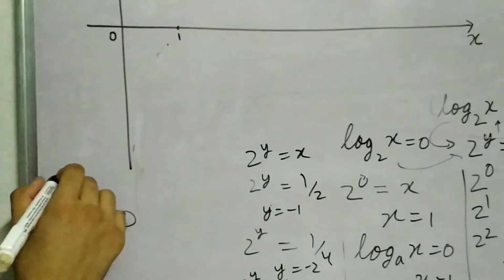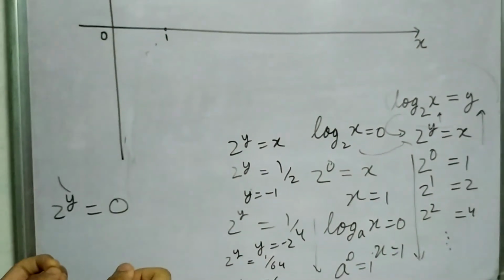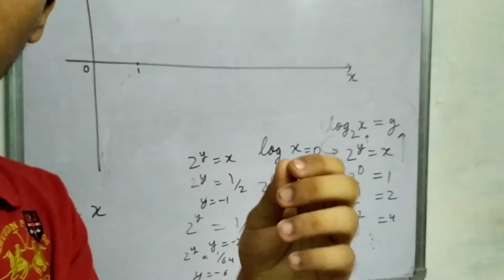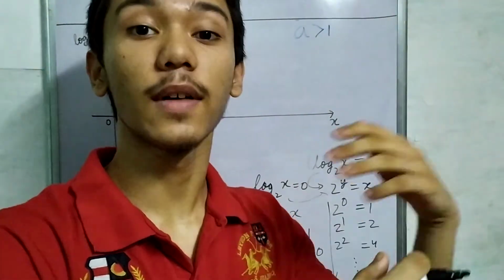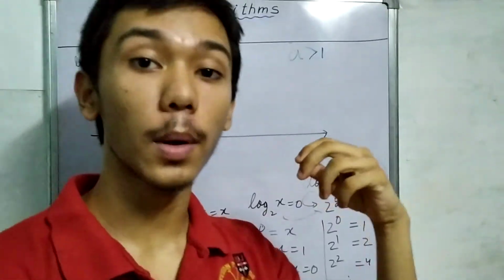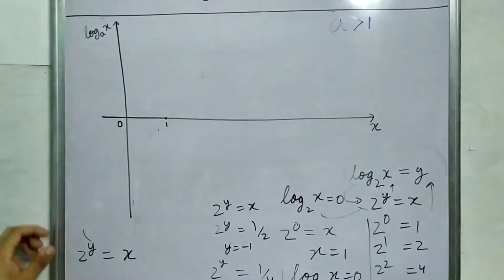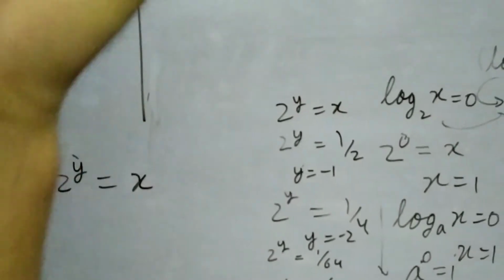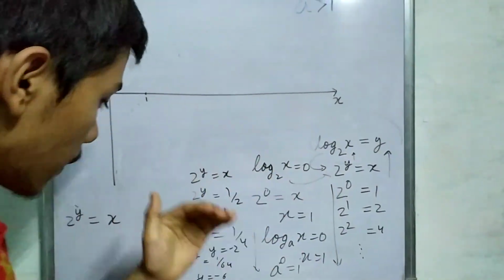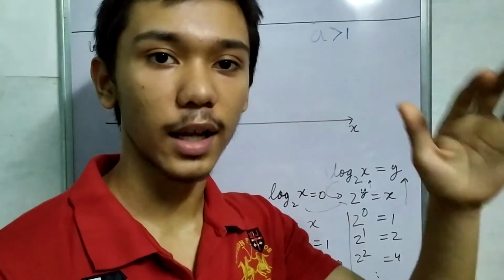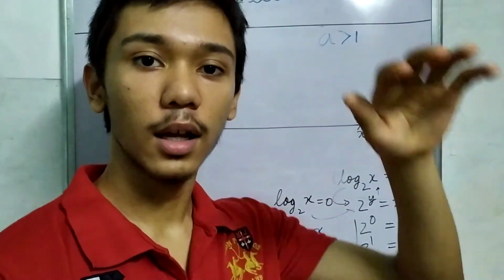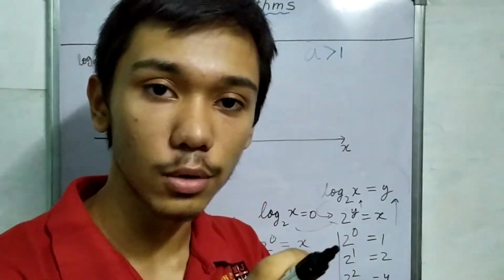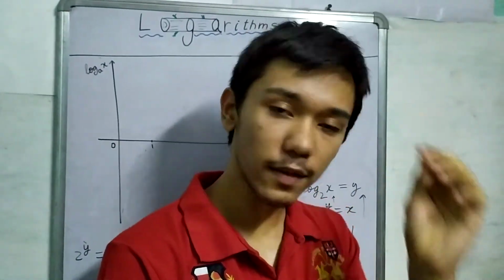Of course, there's no number which you can put in y, but what you can do is take the limiting cases. As x approaches 0, what will y approach? As x goes down to 0, y will become exceedingly small. It will go negative 10, negative 100, negative 1000, negative 1 million, and so on till negative infinity.